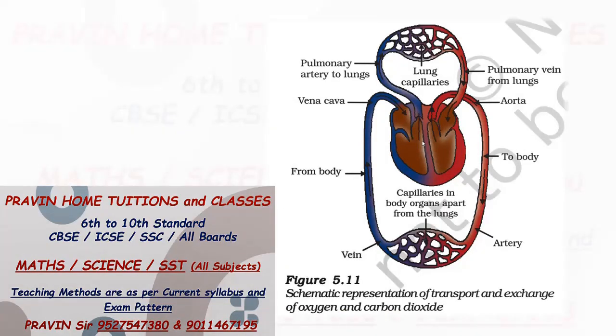This figure shows a representation of transport and exchange of oxygen and carbon dioxide. This side, this is oxygenated blood supplied to the body by means of artery and vein.